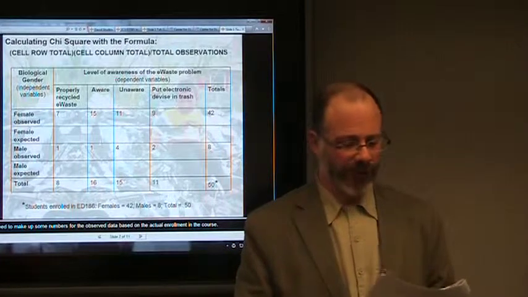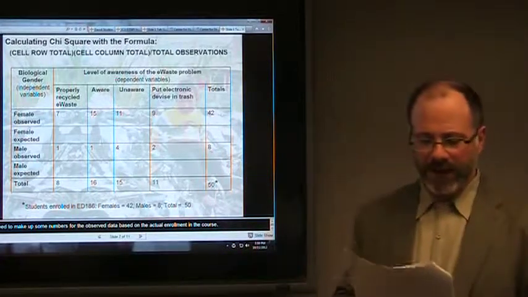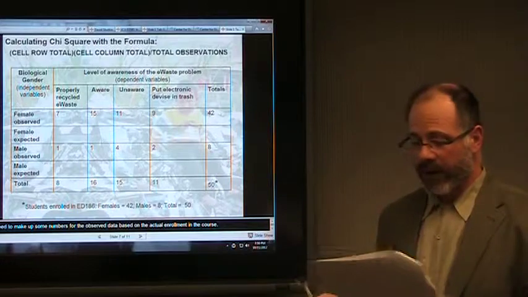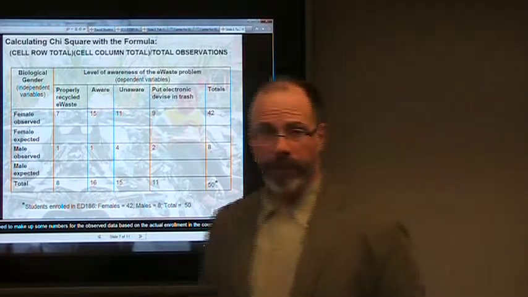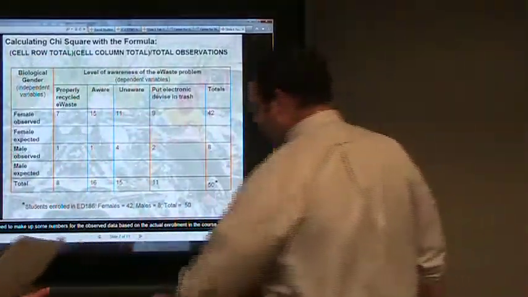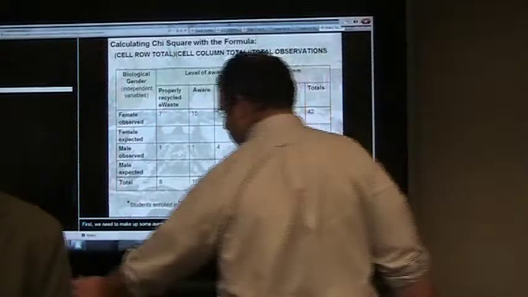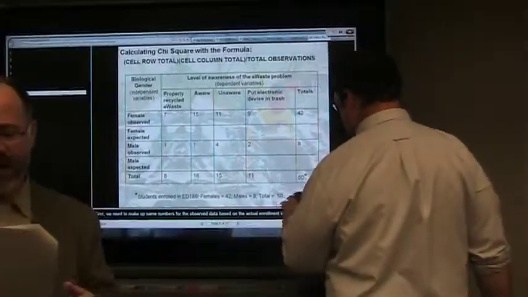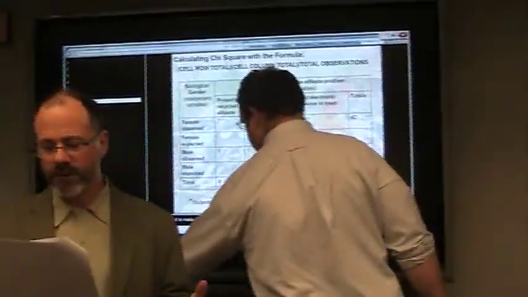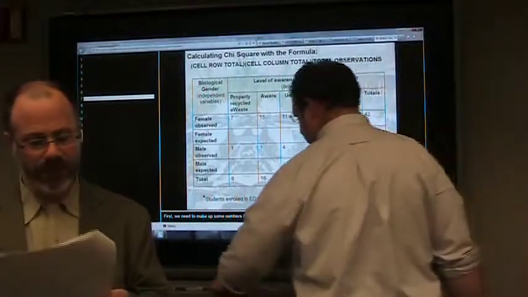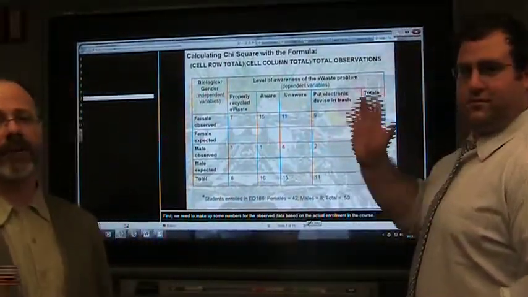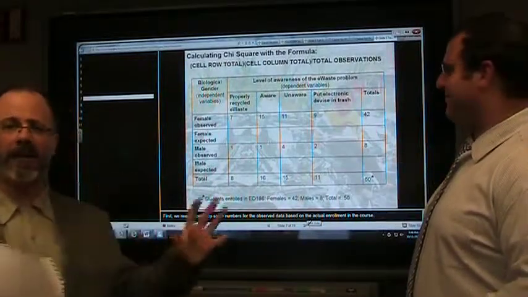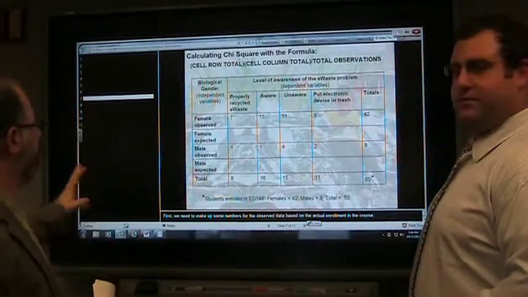Okay, so first, we need to make up some numbers for the observed data based on the actual enrollment in the course. So then we can determine the expected frequency for each cell, which is the product of the cell's row total multiplied by the cell's column total divided by the sum total of all the observations. So let me point out here what I mean by that.